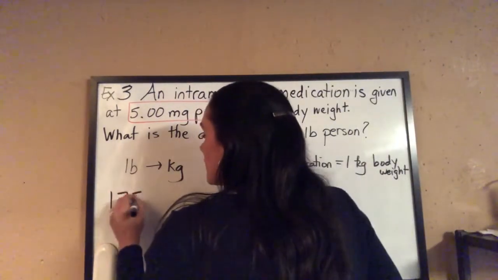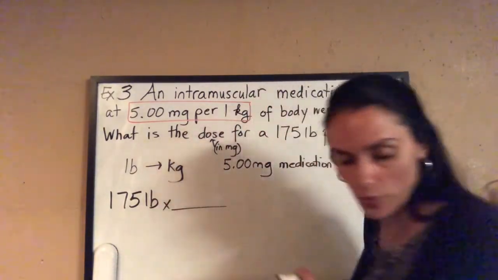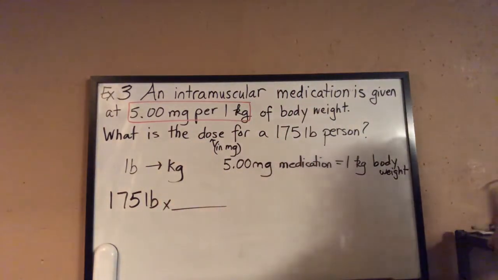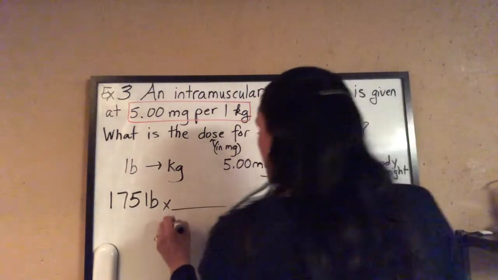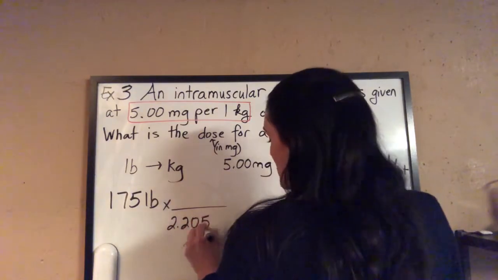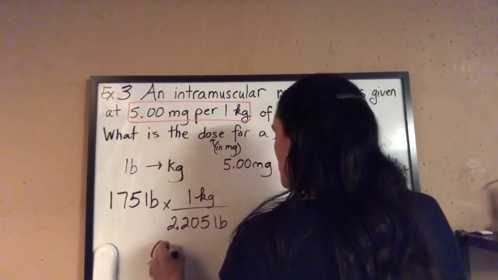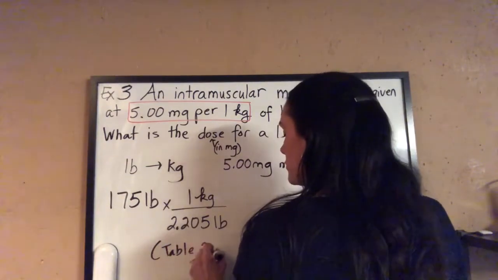So, 175 pounds. That's how much the person weighs. We need to convert their weight in pounds into kilograms. 2.205 pounds is equal to 1 kilogram. Again, this comes from table 2.7.